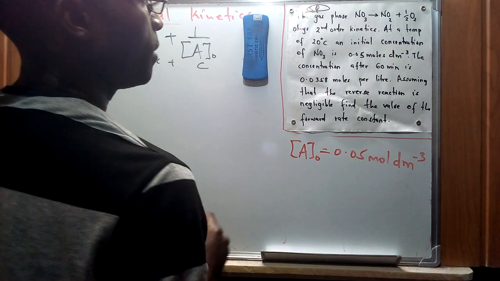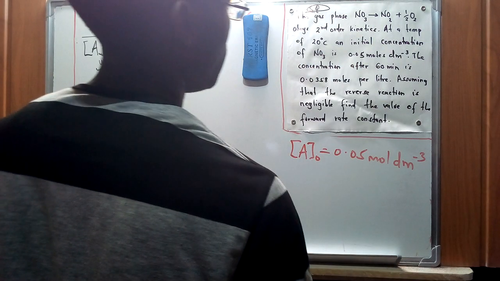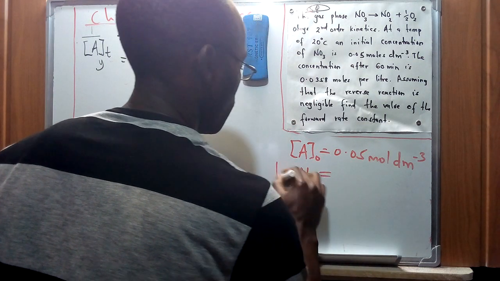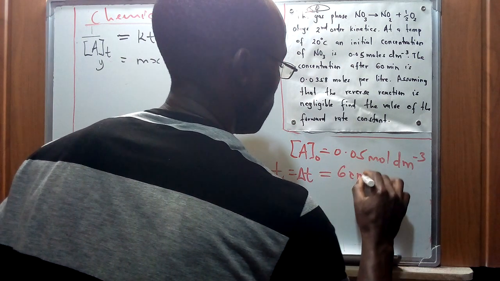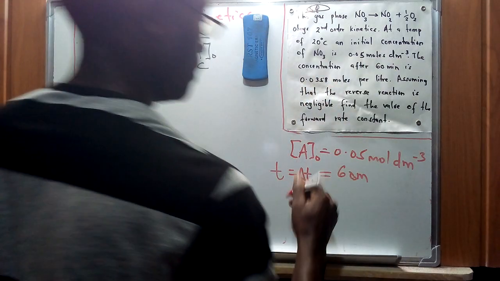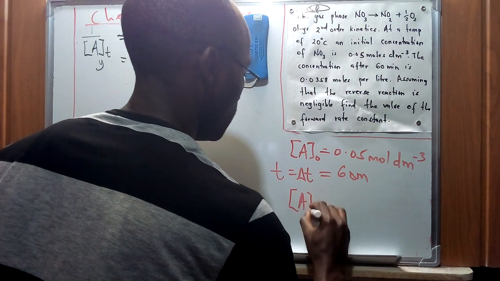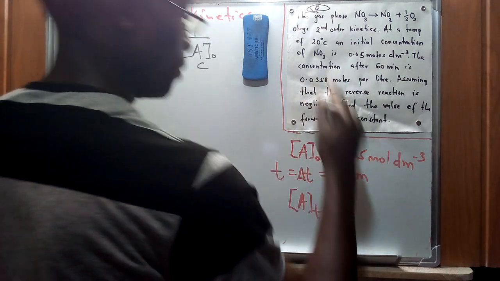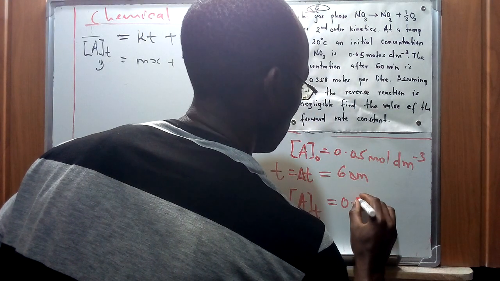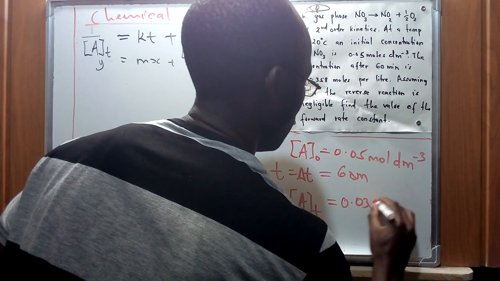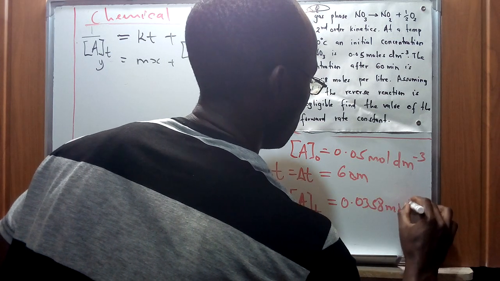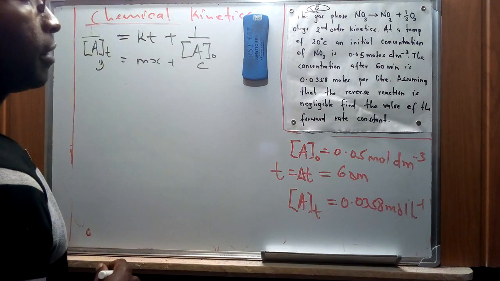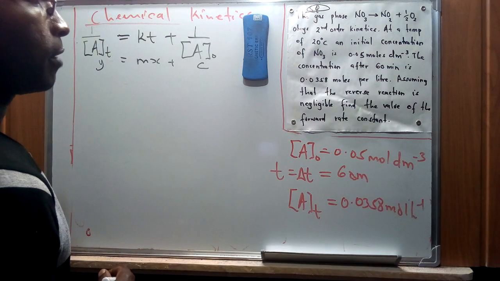The concentration after 60 minutes, so change in time t equals 60 minutes, is 0.0358 moles per liter. Assuming that the reverse reaction is negligible, find the value of the forward rate constant.